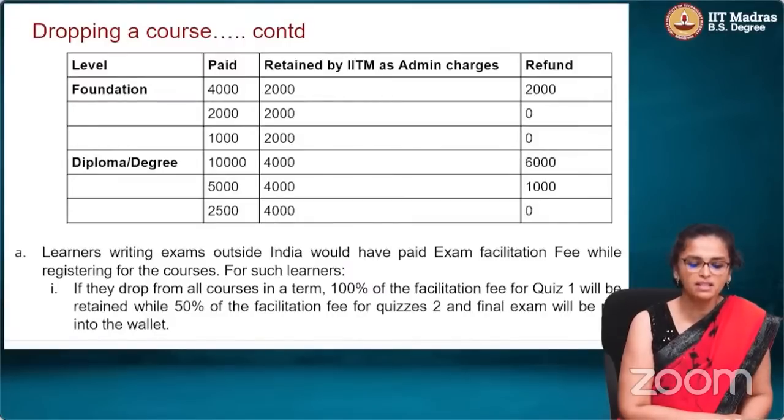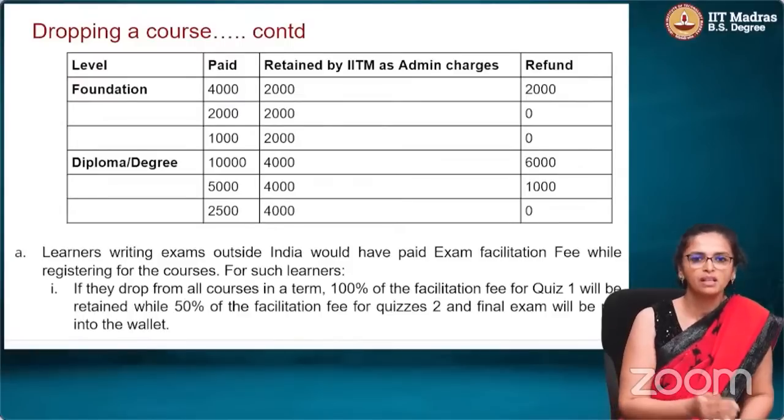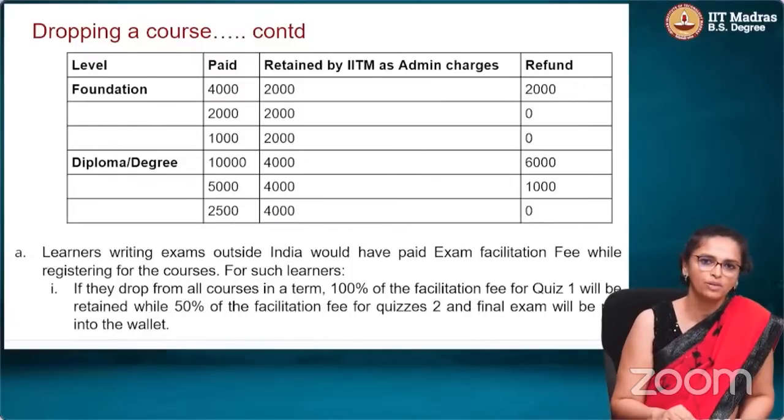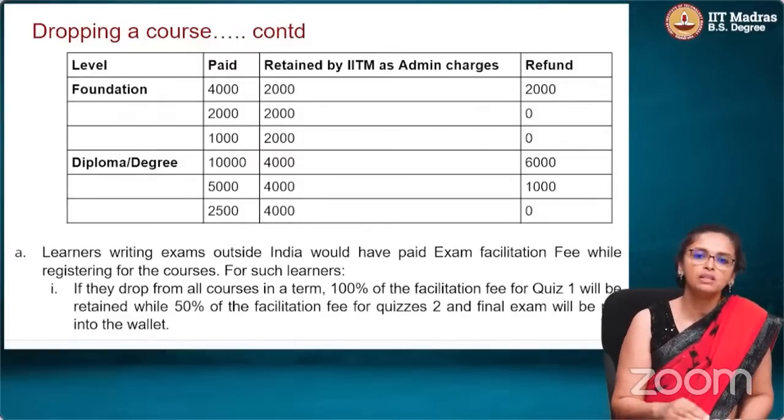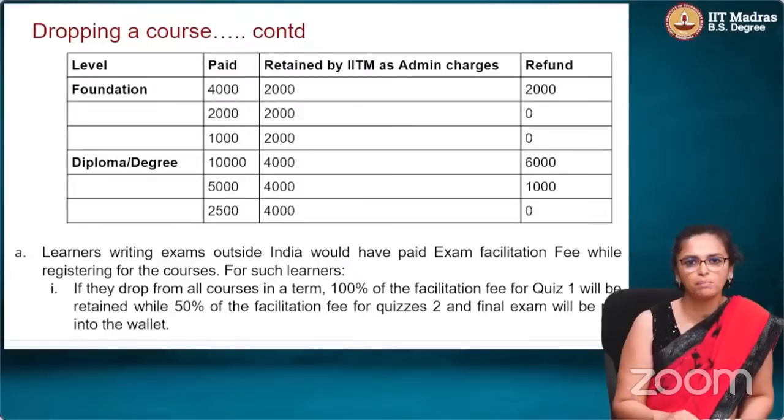So for all such learners, when you drop from courses in the 3-day window after 28 days, 100% of the facilitation fee for quiz 1 will be retained by us because we would have done all arrangements by then for you to write the quiz 1, and 50% of the facilitation fee for quizzes 2 and 3 will be put back into the wallet because even with our exam partners, we actually pay them upfront booking seats for the quiz 1, quiz 2 and final exam as you all registered to us with the program at the beginning of the term. Hence, this is the format in which we will retain money and how much will be refunded to learners outside India who are dropping courses in a term.